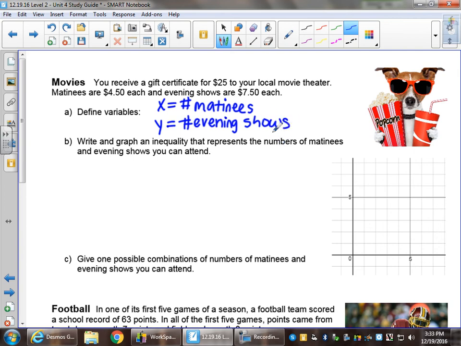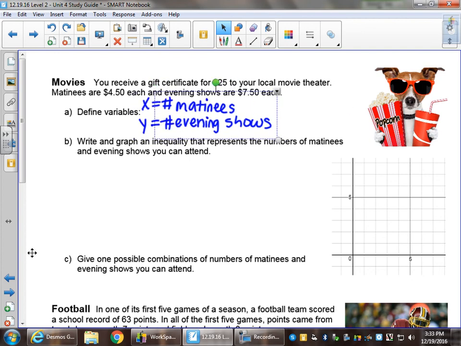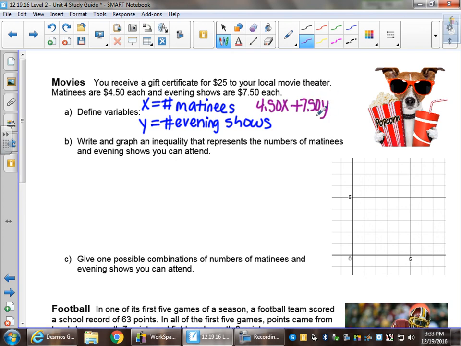Let's write our inequality. For space-wise, I'm actually going to write my inequality up here so I can use all of this for my graphing work. 4.50 per matinee plus 7.50 per evening show.